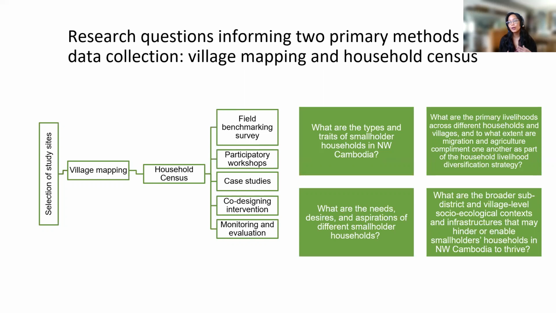We want to know what are the needs, desires, and aspirations of different smallholder households. And finally, what are the broader sub-district or village level socio-ecological contexts and infrastructure that may work to hinder or enable smallholder households in Northwest Cambodia to thrive?